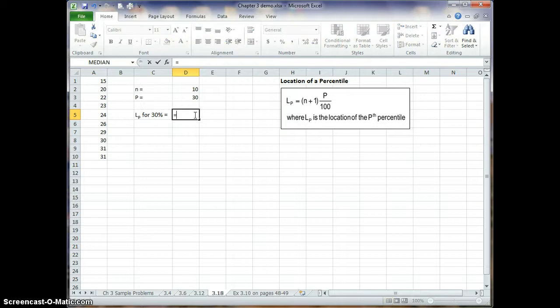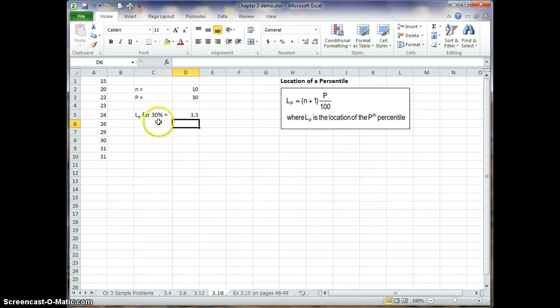So it's equal to n, which I put right there in cell D2, plus 1, times P divided by 100, which gives us 3.3.